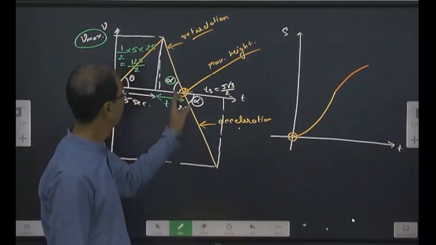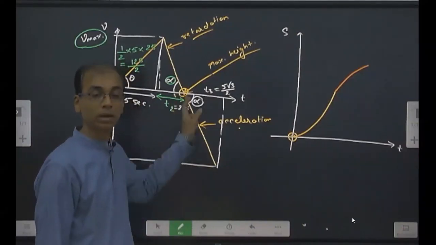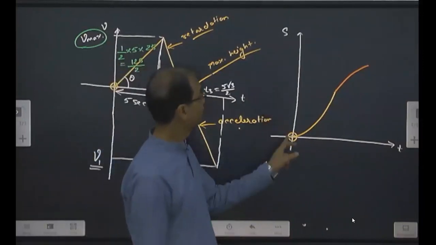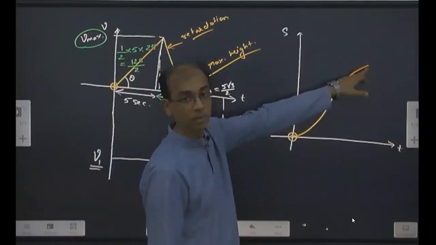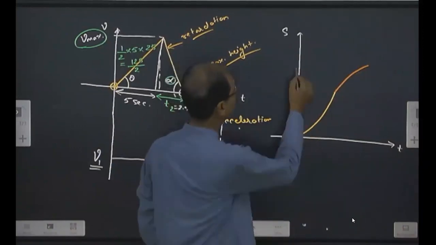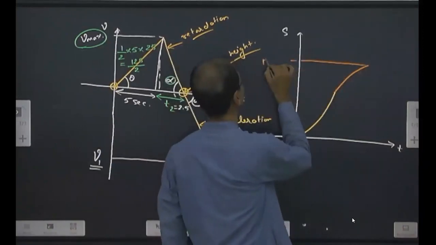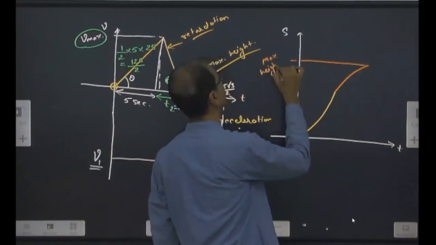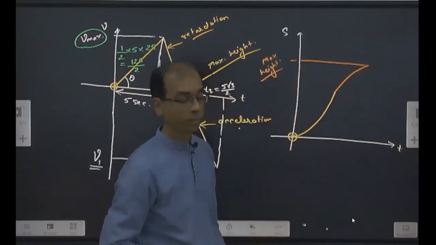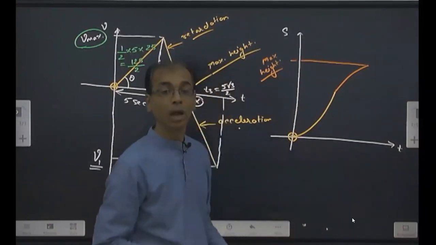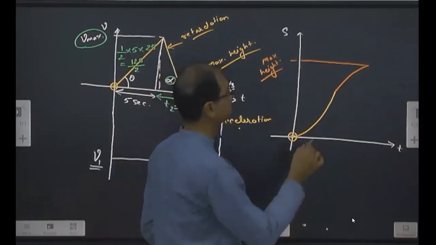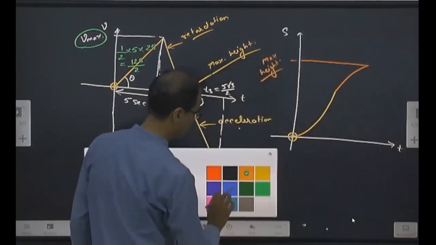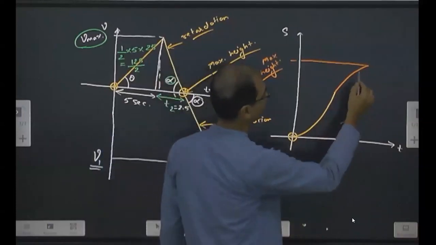Then what is happening finally in this one? It is coming back to the ground. Its displacement is becoming 0. So that means here you have gone to this much height. This represents the maximum height. Now you have to come back to the ground. Again a parabola only.